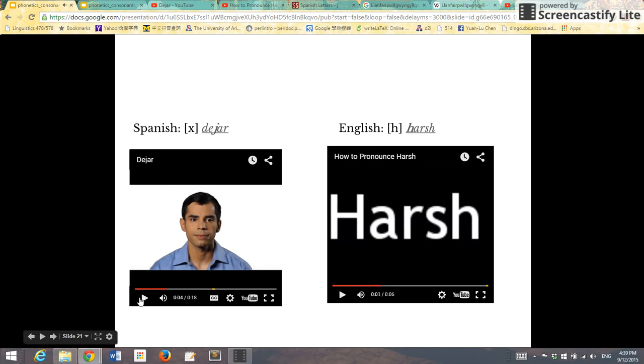Harsh. Dejar. Can you feel that there's a difference in the place of articulation? This J is more front than this H, right? So this is another advantage of learning IPA.